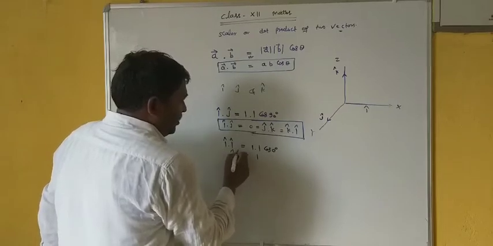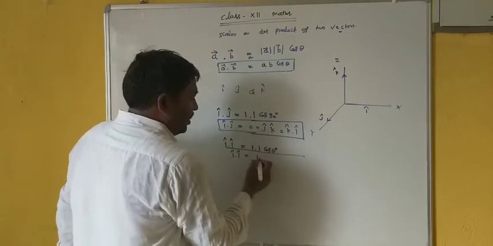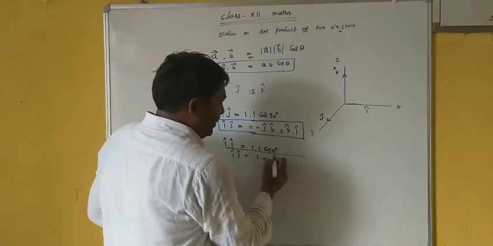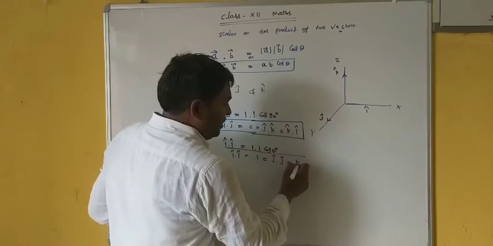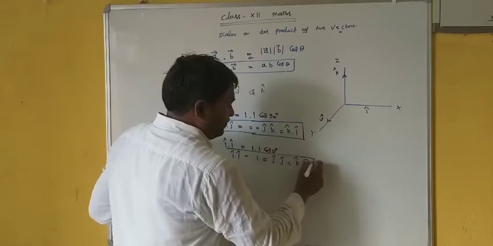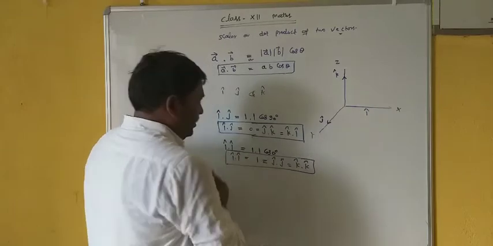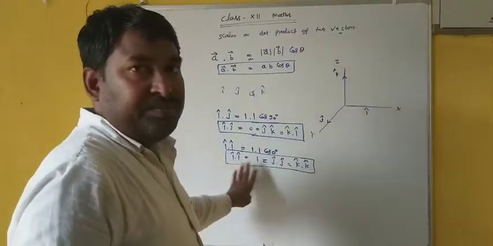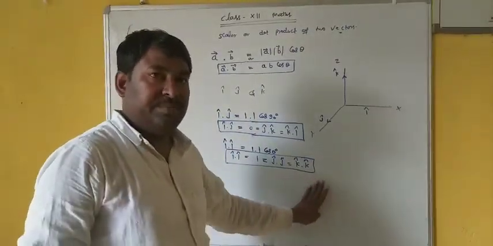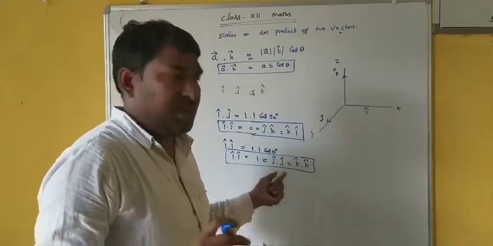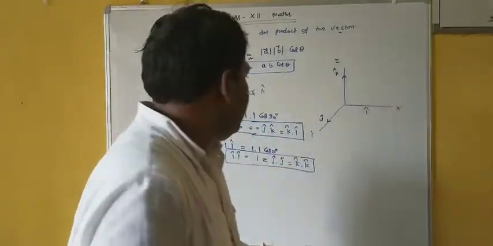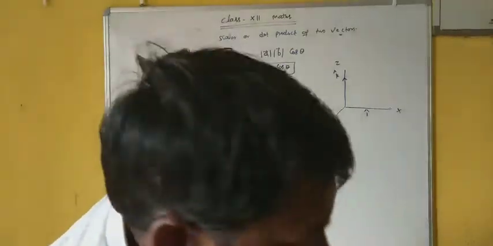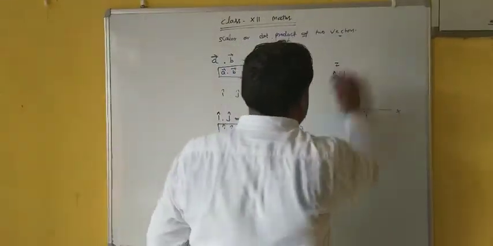So i cap dot i cap will be equal to 1. Similarly j cap dot j cap and k cap dot k cap. In this way i dot i, j dot j and k dot k will give you 1.